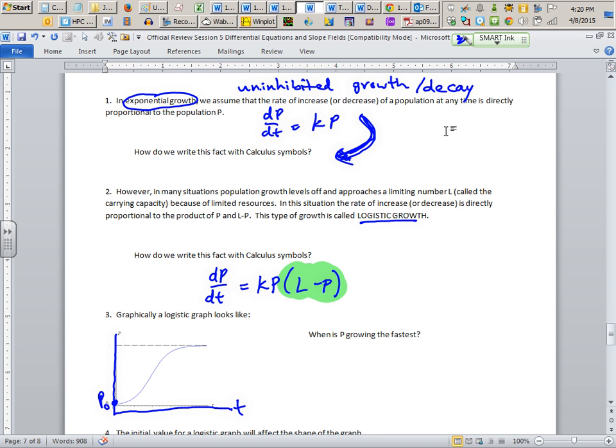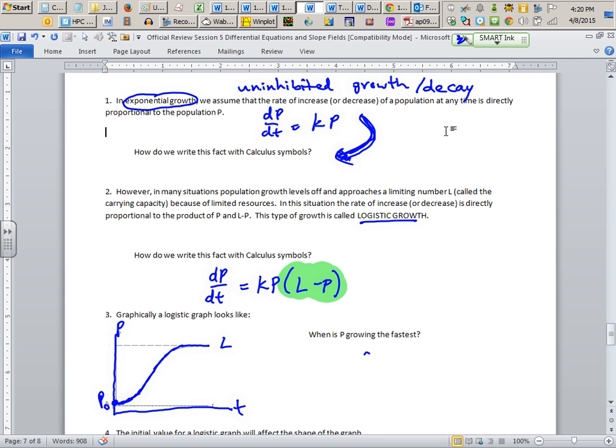Make that a little more obvious. So there's a little gap here at the bottom. And then this thing will grow towards some theoretical maximum L. Okay? So when does the population grow the fastest?